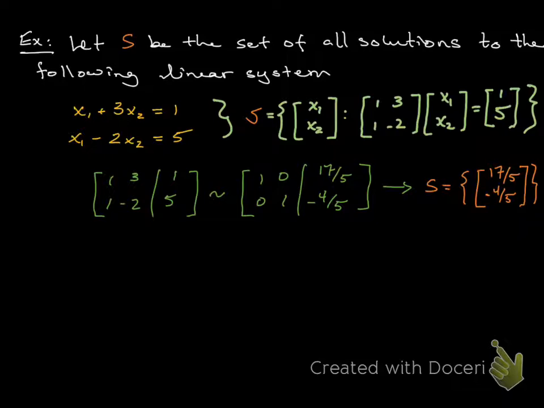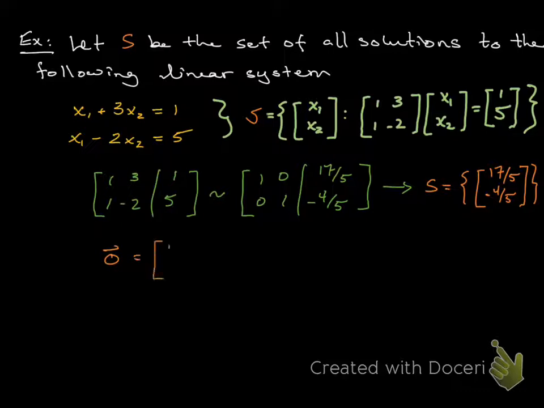Is S a subspace of R2? I'm in R2, so the solutions to the system should be in 2-space. Well, is it closed under vector addition and scalar multiplication? I don't think so, but even better, does 17/5, -4/5 include the zero vector? No, not at all.